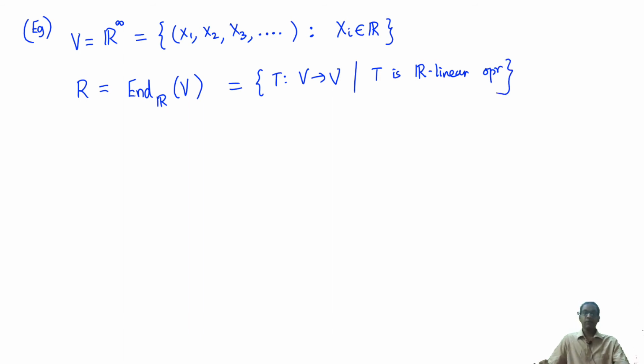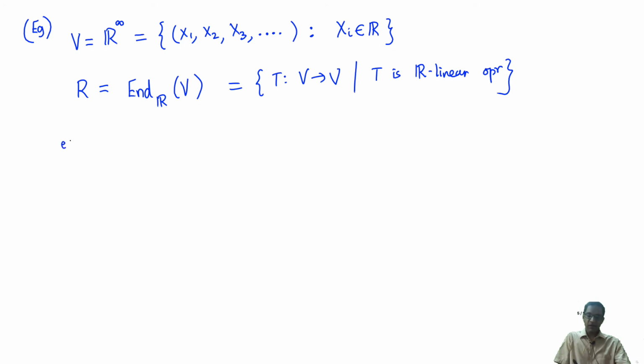The set of all linear operators on a vector space whose dimension is at least 2 is a ring under composition. If this were a finite dimensional vector space, this would be like the set of all n cross n matrices, where n is the dimension of the vector space. Here it's an infinite dimensional vector space, so you have lots and lots of operators, but this ring R is definitely non-commutative, just like matrices in some sense.